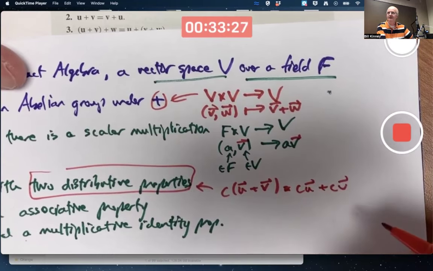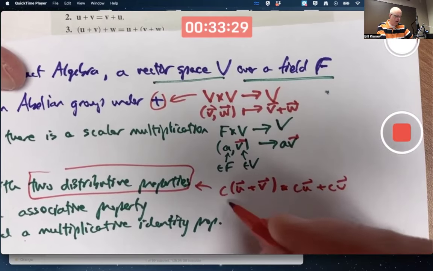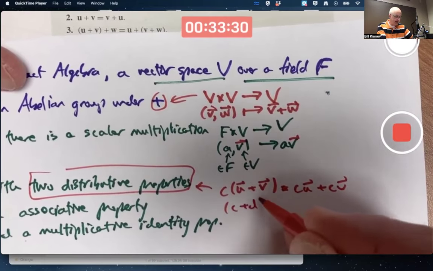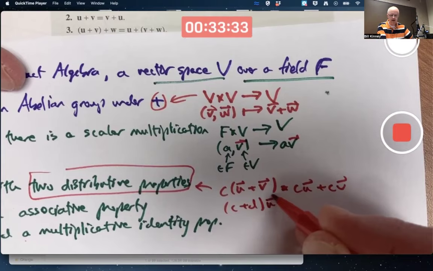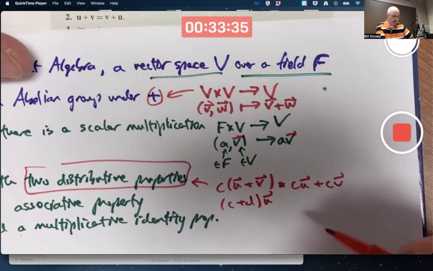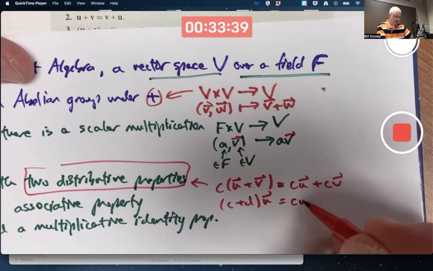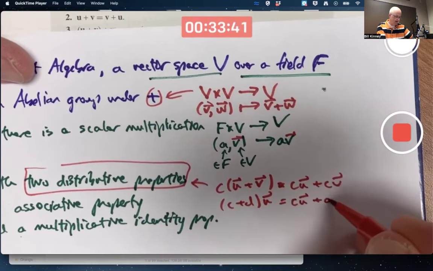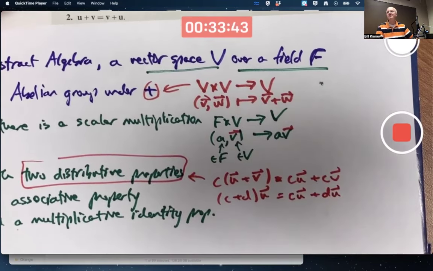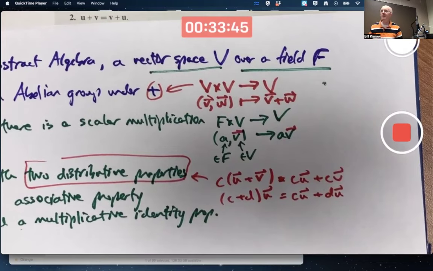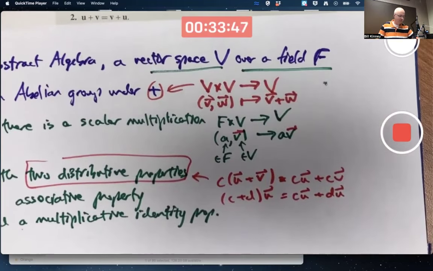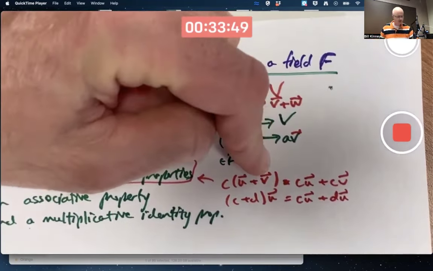Like that. The other property is if you've got the sum of two scalars being multiplied by one vector, you can distribute the vector through, so to speak. Like this. Those are different properties. This is important.